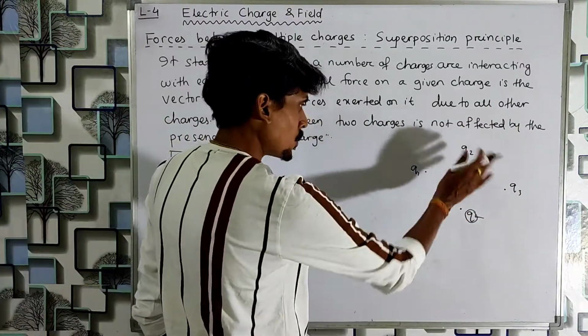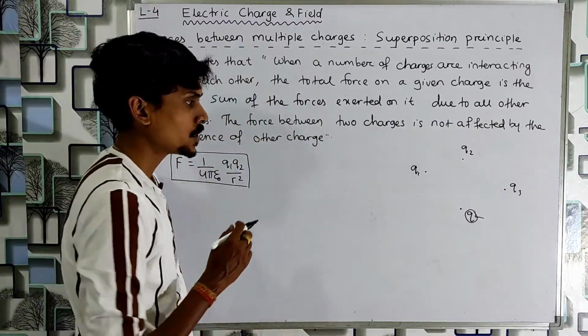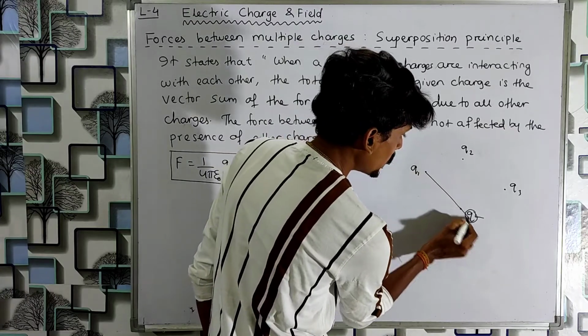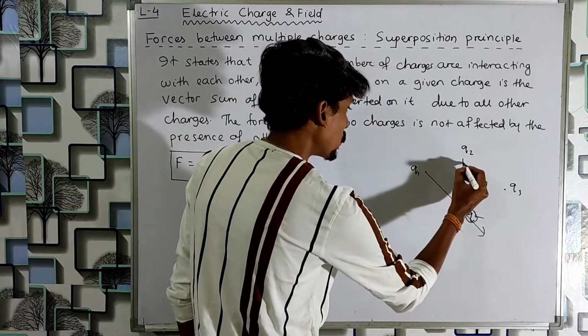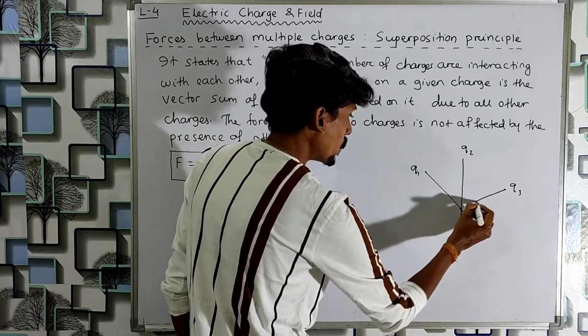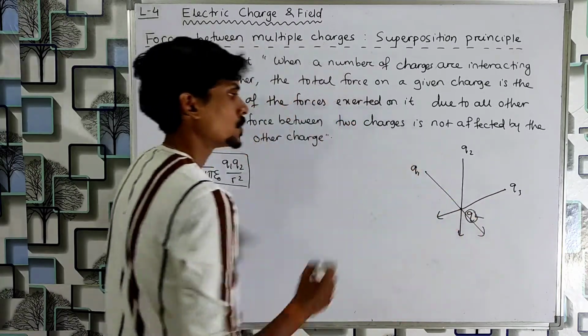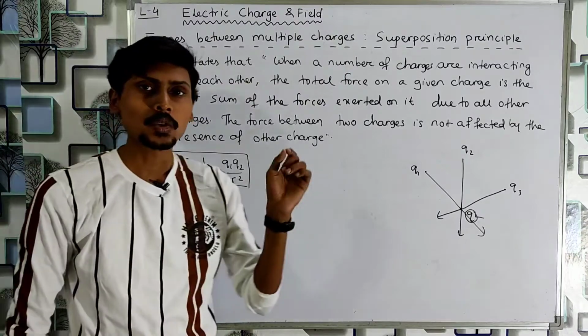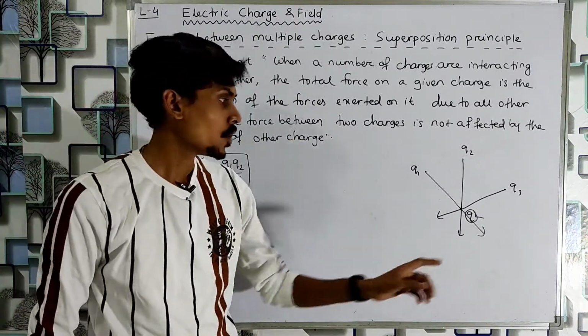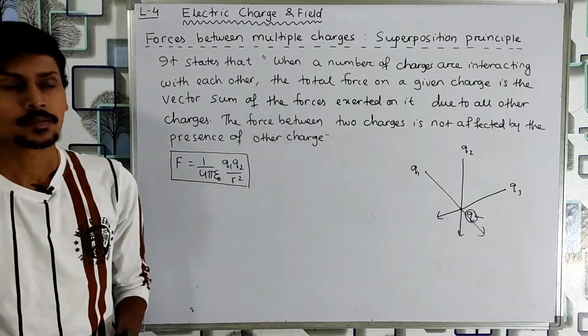Suppose assume that all the charges are positive charges. So Q1 will repel Q in this direction, Q2 will repel Q in this direction and Q3 will repel Q in this direction. So Q1, Q2 and Q3, all of them will exert forces on the charge small q.